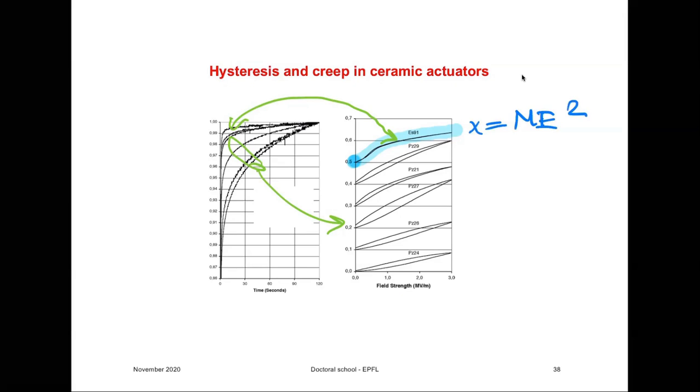I think this reference here is from former Ferroperm in Denmark, and M here is proportional to permittivity and Q. So to get a large electrostrictive constant, you need materials with large permittivity, and that's what relaxor ferroelectrics give you.